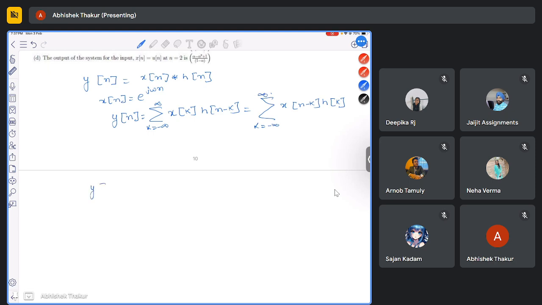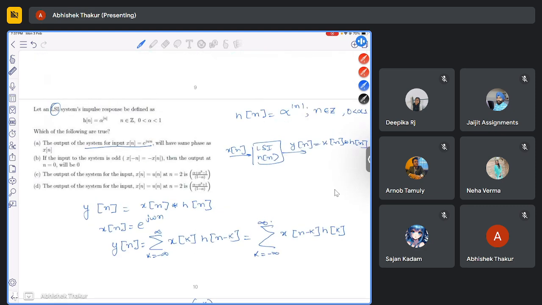So y of n is equal to the summation of x of n minus k, where x of n minus k is e to the power of j omega (n minus k), into h of k. What is the value of h?